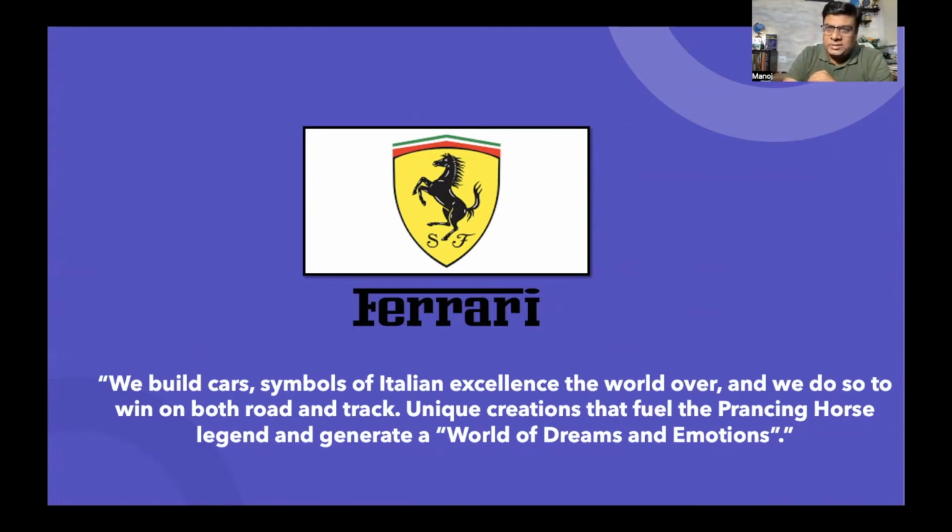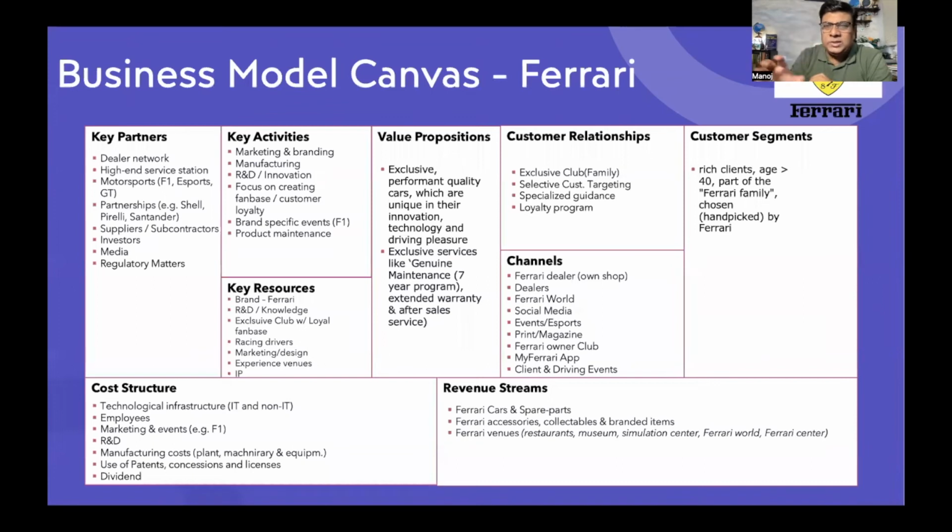If I do a bit of research, we are able to get all the important aspects from their branded website, from Google and many other places, gather that information, and fit it into the nine quadrants. The first quadrant, as we know from earlier, is key partners.